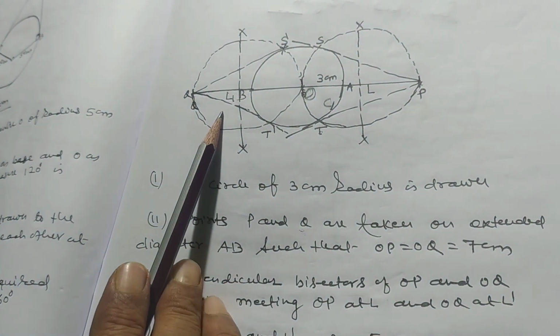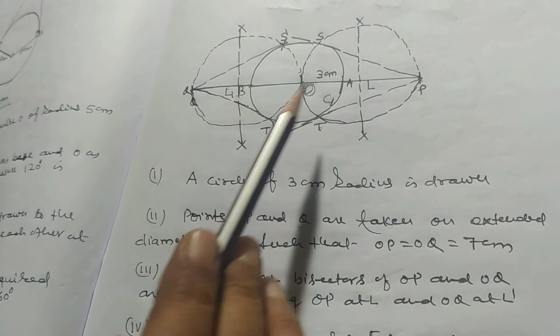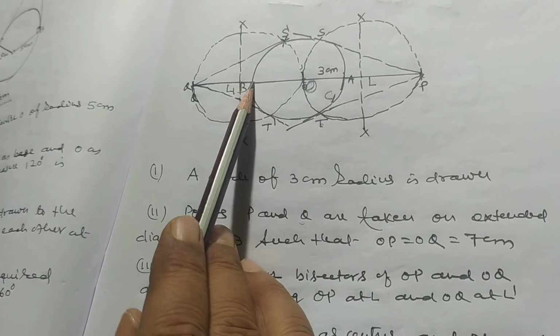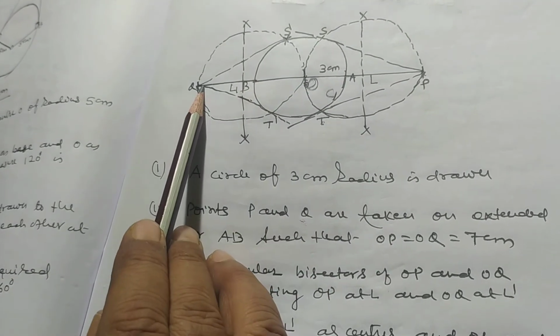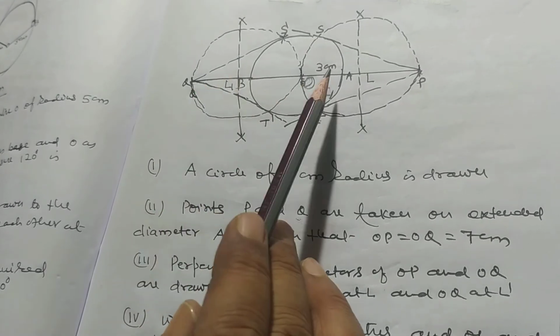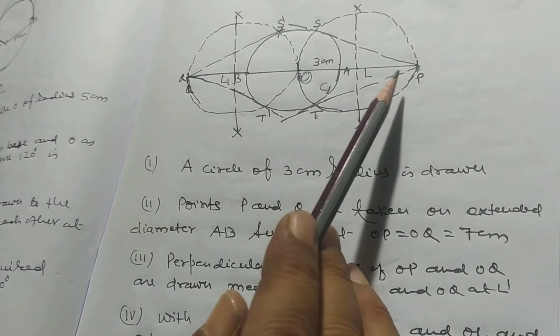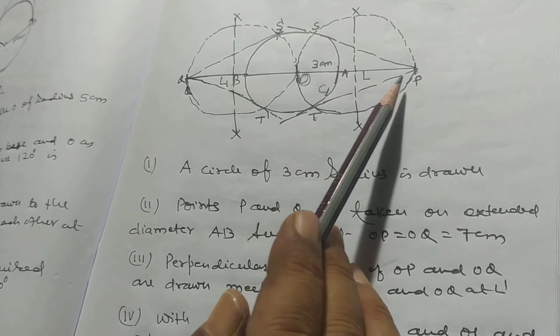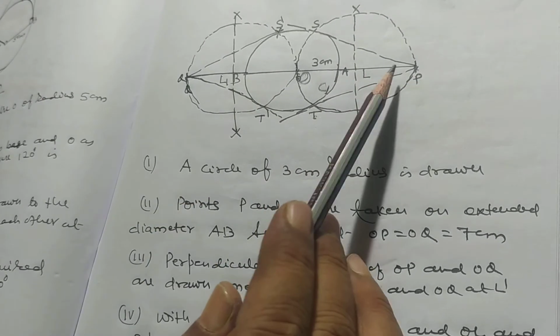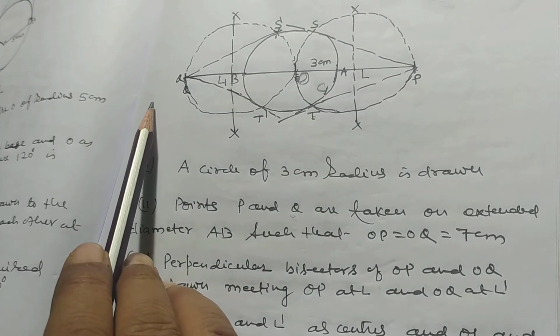My dear students, now you proceed here 4 centimeter and here also 4 centimeter. And now you draw here PQ is a line.